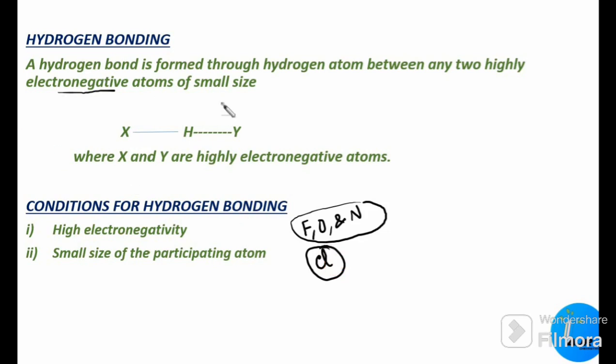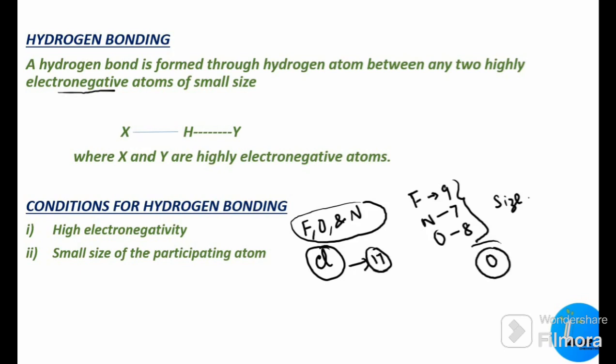See, the atomic number of fluorine is 9, whereas nitrogen is 7, and oxygen is 8. So the atomic number is small, and obviously the size will also be smaller, whereas chlorine's atomic number is 17, so obviously its size will be larger.